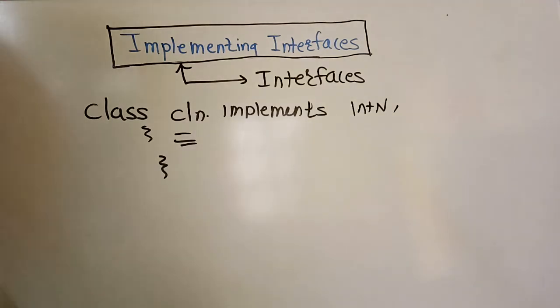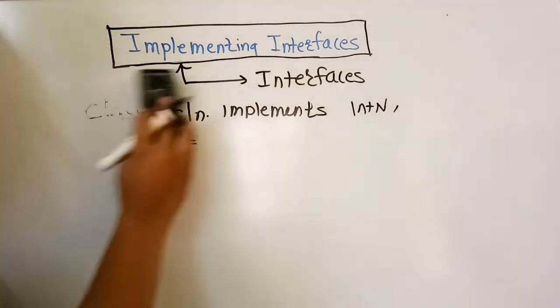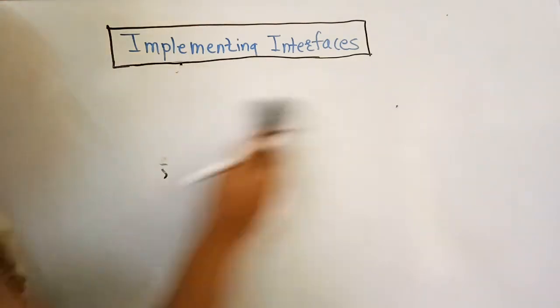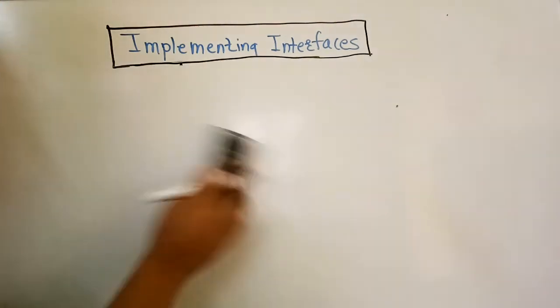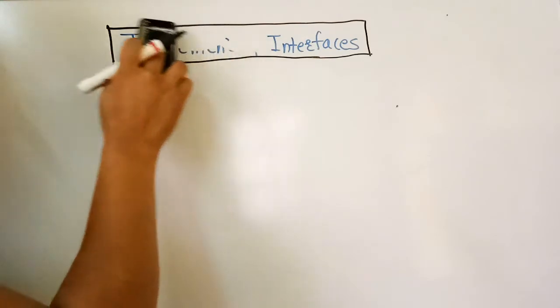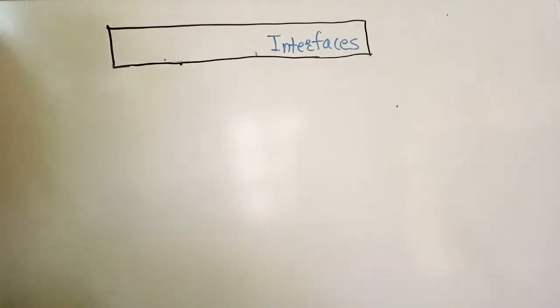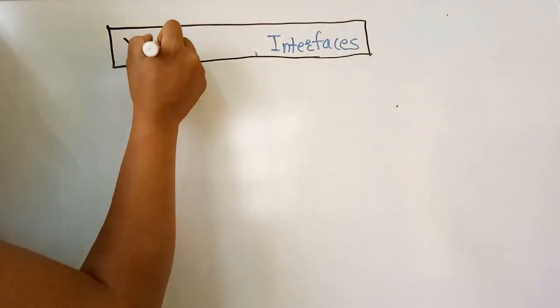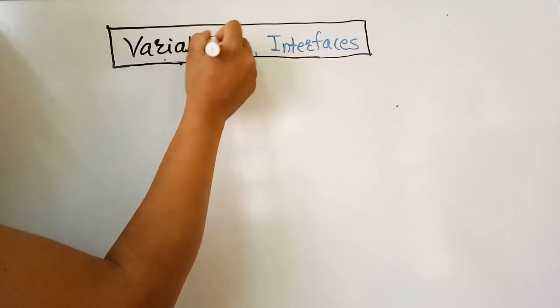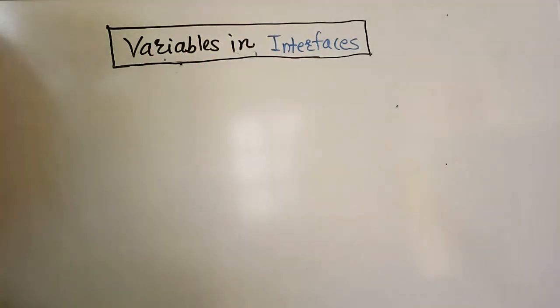Now we will take another term related to interfaces, and that is variables in interfaces. The advantage of declaring variables within an interface is that they become globally available to all classes and need not be declared explicitly in the classes implementing them.